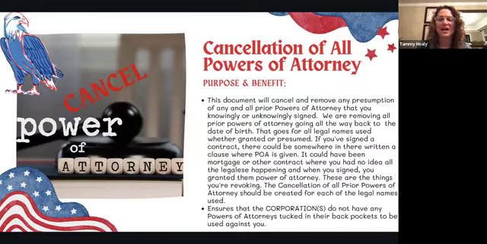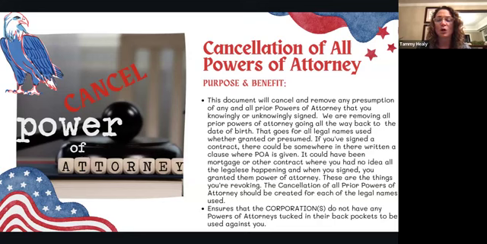If you've signed a contract, there could be somewhere in there written a clause where power of attorney is given. It could have been a mortgage or other contract where you had no idea what the legalese was doing, and when you signed, you granted them power of attorney. These are the things you're revoking.